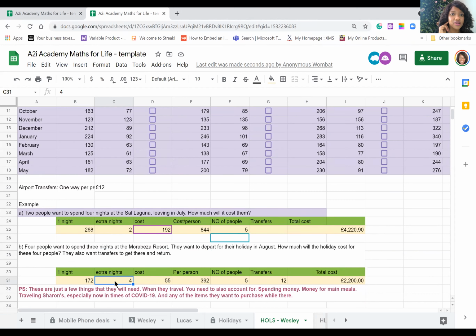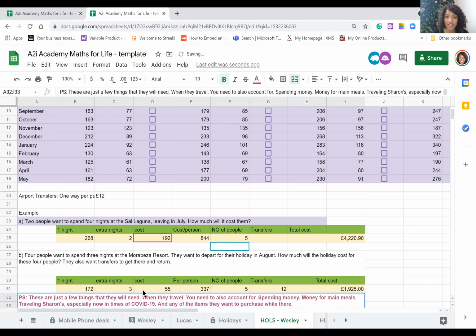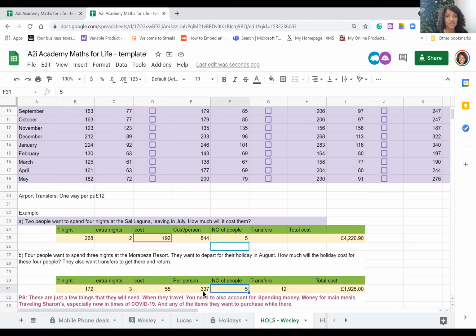You have the asterisk. That is the times. The daily cost. Yeah. That's it for every extra day. And you get the total cost for one person without transfers yet. Then you have the number of people. It's 5 of you going on holiday. So you need to times that value by 5, plus any transfers.